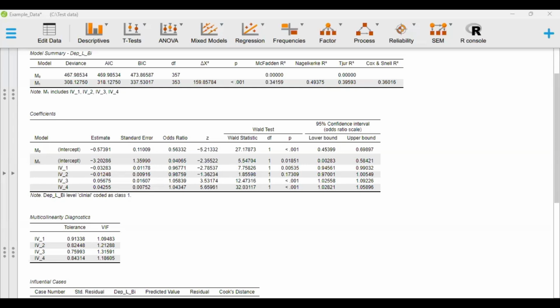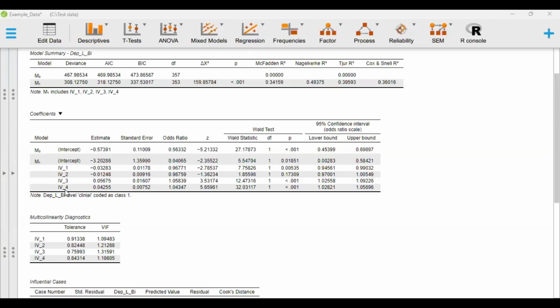So how can I interpret that? I can say that for each unit increase in IV4, this can significantly increase the odds of clinical levels of depression by 4.3%.